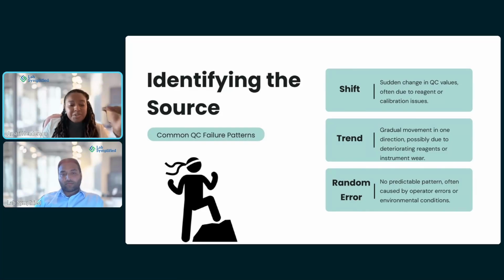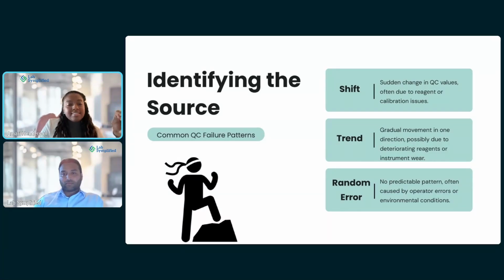So QC basically monitors the performance of your assay and your test system, whereas your calibrator sets the measurement baseline. And then thirdly, your reagent is going to react with your patient samples to generate results.